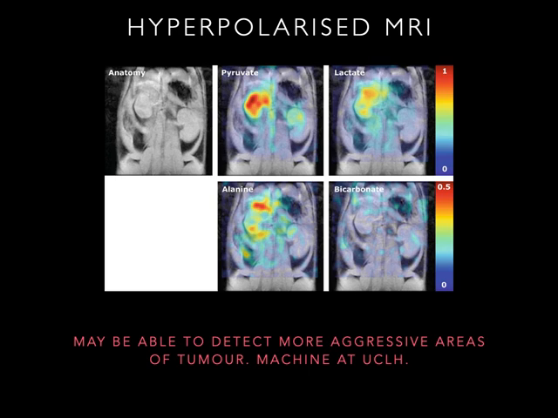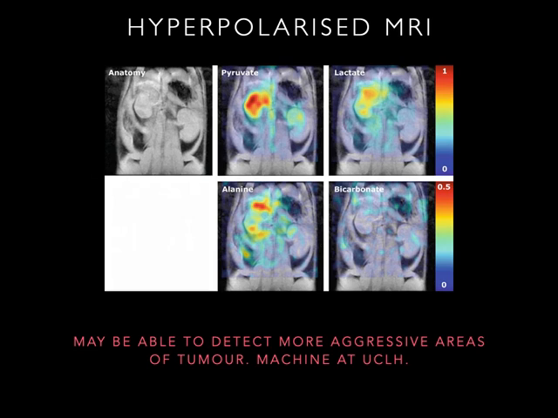In this case, there's pyruvate, lactate, alanine, bicarbonate, and then you inject that and scan with an MRI scanner, and you see activity or uptake of that agent in different tissues. You can see pyruvate has great uptake in the kidneys, and there's initial work being done looking at how that changes within renal cell cancer. The advantage of this over PET is that there's no radiation dose with any of this. But again, this is early work.